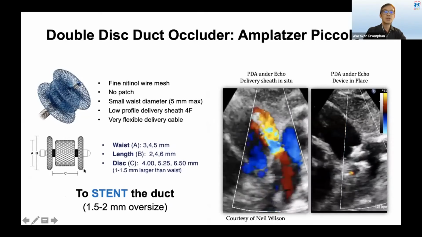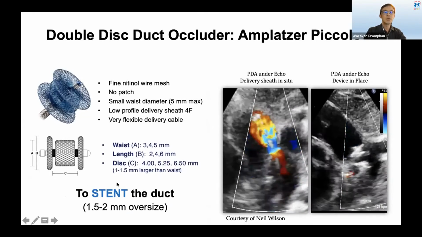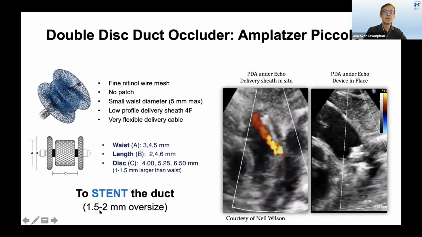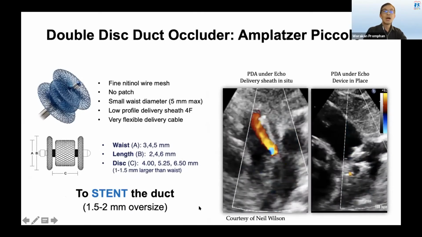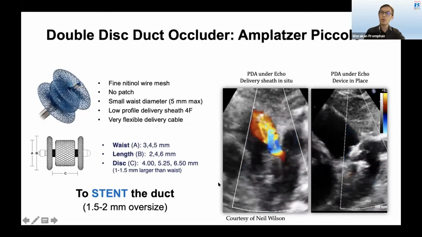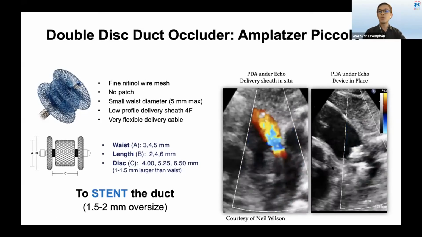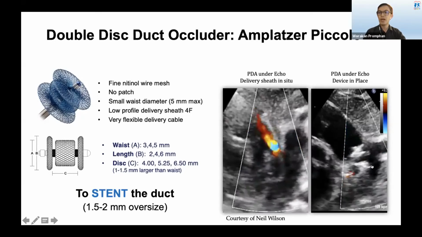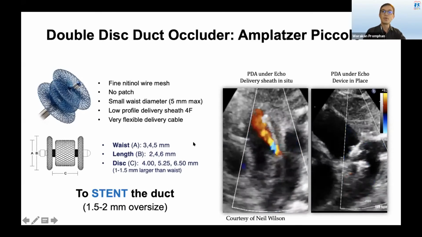Again, just to emphasize that the principle is also to stent the duct, and sometimes you need to oversize it in order to make sure it won't embolize, moving backward or forward. But the point we need to be very careful about is the obstruction of the LPA and also descending aortic flow.